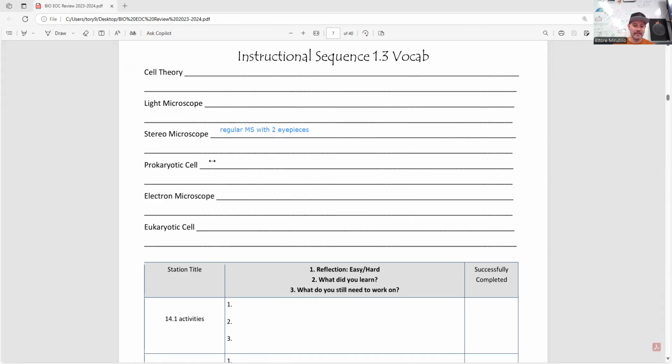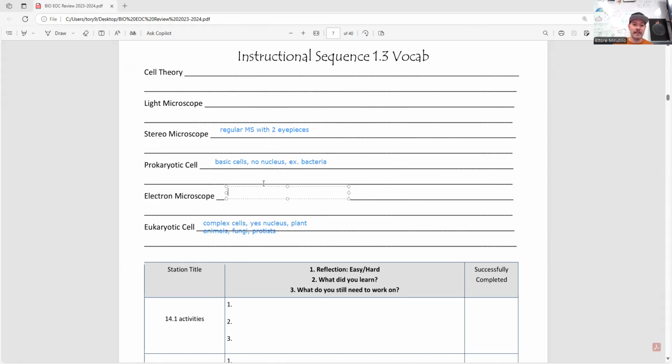Prokaryotic cells, basic cells, no nucleus. And the only example of prokaryotes are bacteria. Eukaryotic cells, complex cells, yes, nucleus, plants, animals, fungi, protists, lots of examples there.